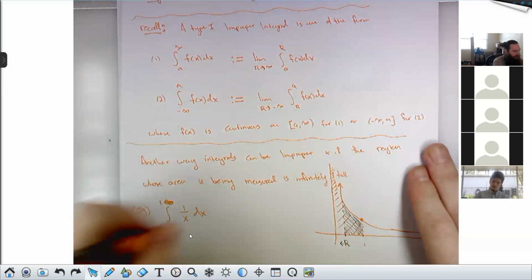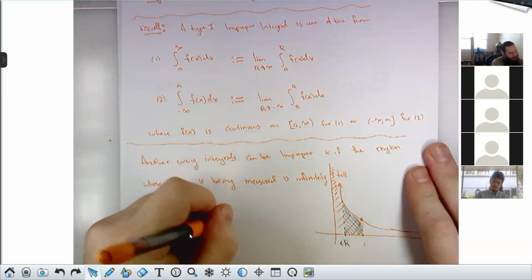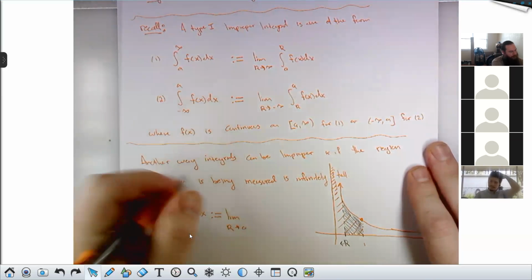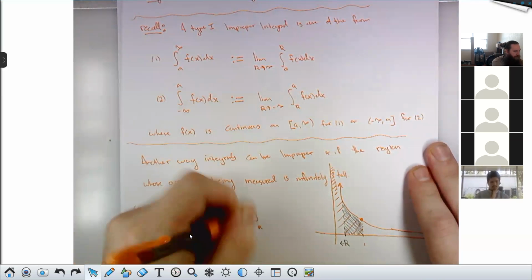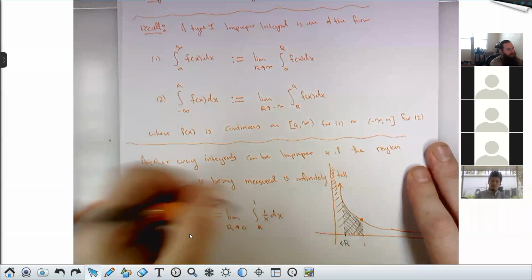So that's the game. We define this to be the limit as r goes to 0 of the integral from r to 1 of 1 over x dx.